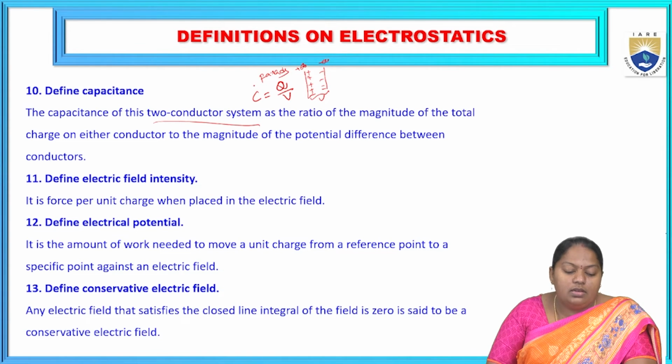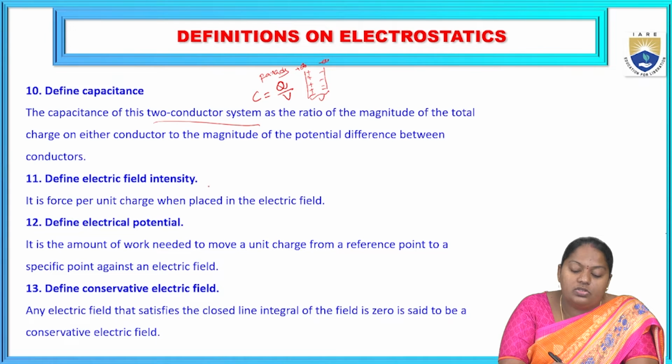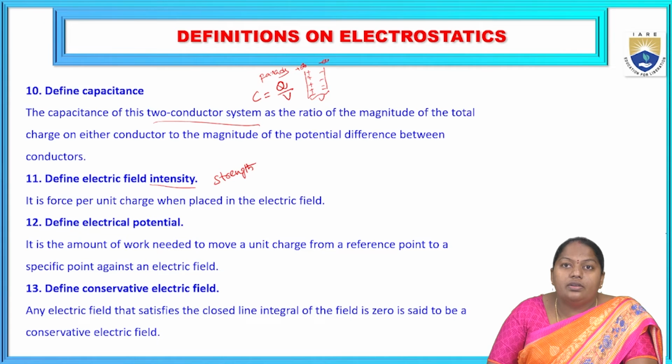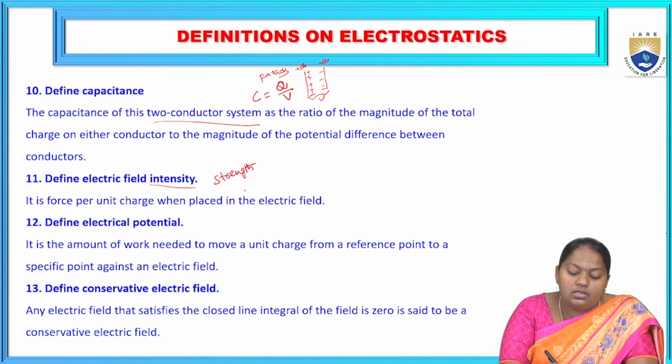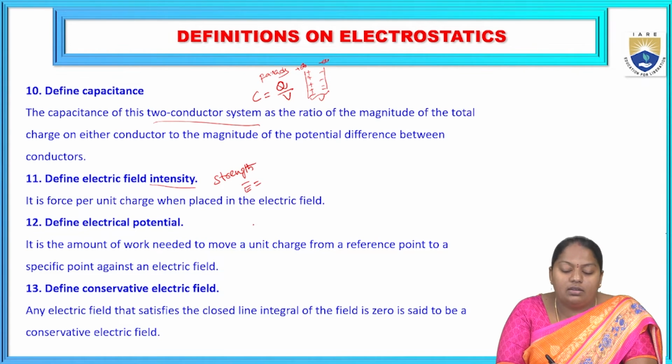Then define electric field intensity. The force per unit charge when placed in the electric field is called electric field intensity, also said to be electric field strength. It is denoted with E, and it is a vector, so we represent it with E bar.